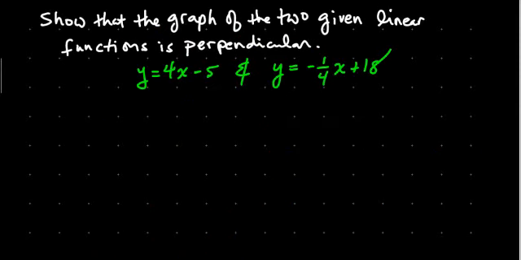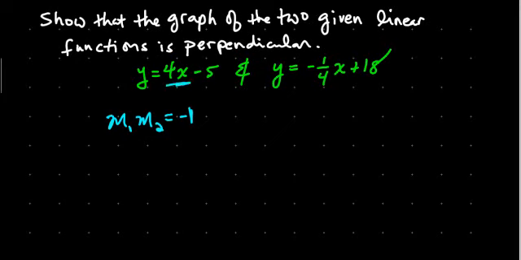Next problem. Show that the graph of the 2 given linear functions is perpendicular. So to show that 2 functions are perpendicular, from your readings, you should know that we need to show that m1 times m2 equals negative 1. Okay? So we just need to find m1 and m2.